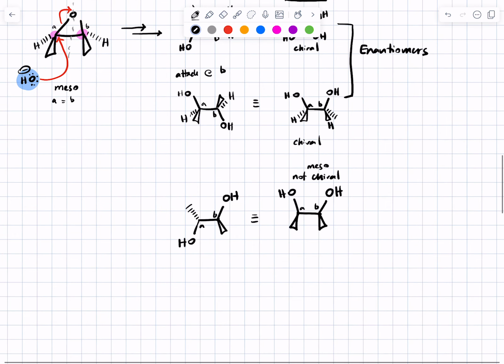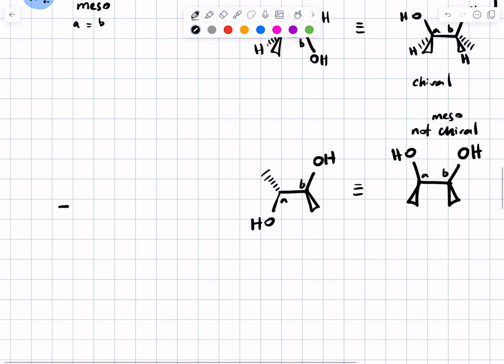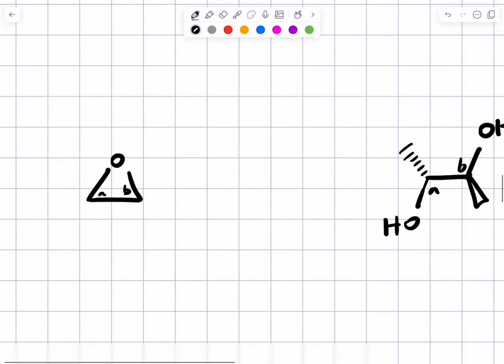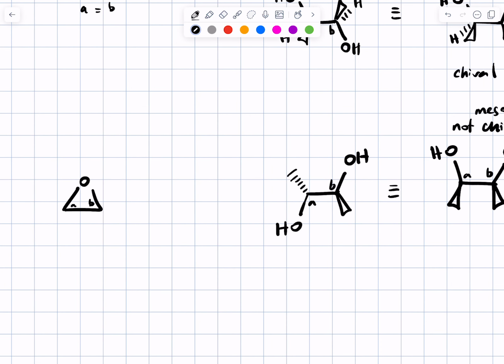And now here's the key step. What was the starting material? The starting material is an epoxide where, and at this stage, as I'm looking at these OHs, I probably don't know which one was the oxygen from my epoxide and which one came from the hydroxide. It's okay not to know.